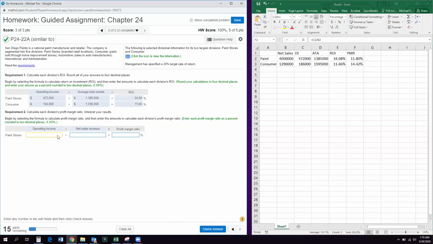So for the paint stores, operating income was 472,000, net sales revenue was 4 million, giving us a profit margin ratio of 11.80%. For the consumer side, our operating income was 186,000, our net sales was 1,290,000, giving us a profit margin ratio of 14.42%.